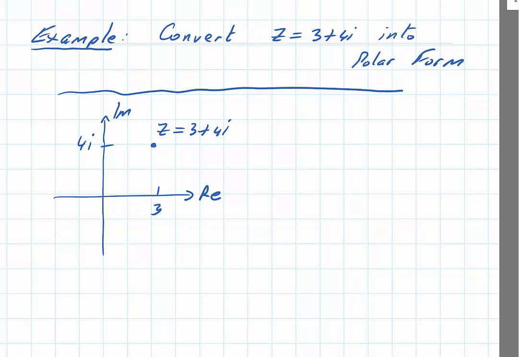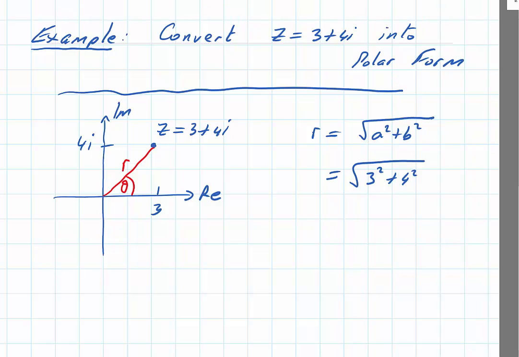And the two things we need to write in polar form are r and theta. And from the previous page, well, we know what r is. r is the square root of a squared plus b squared, which is in our case the root of 3 squared plus 4 squared, which is 5.